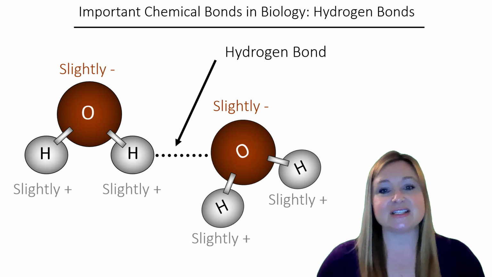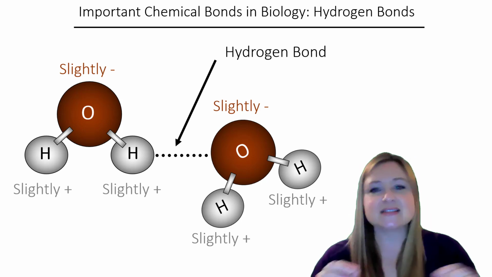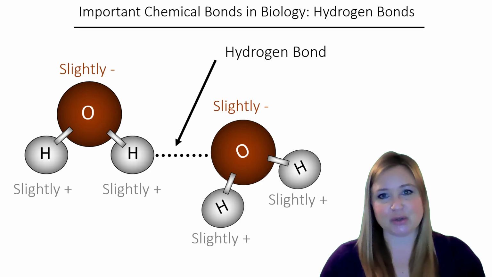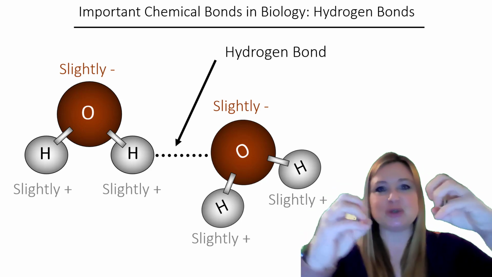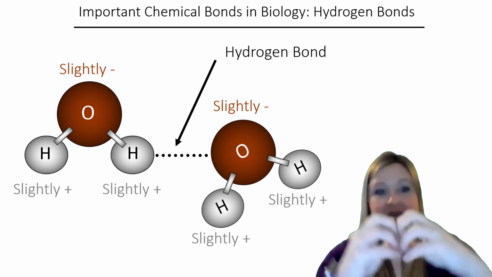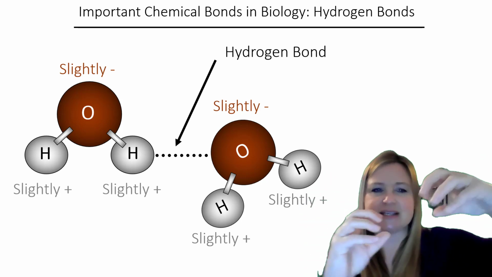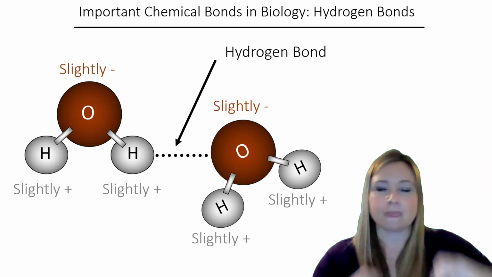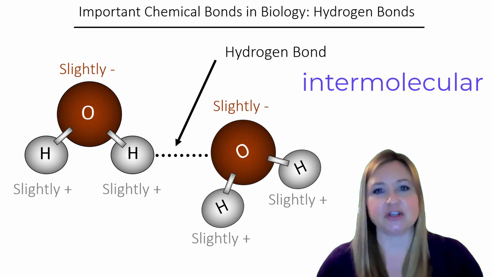So what happens here is that slightly negative oxygen in the water molecule has a slight attraction to the slightly positive hydrogen atom in another water molecule. So hydrogen bonds are an attraction between two different water molecules. Each water molecule is held together by a polar covalent bond, but a hydrogen bond is a weak attraction between different water molecules. So if we want to think about this, hydrogen bonds are intermolecular bonds.